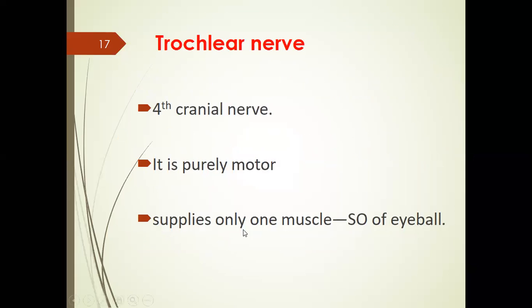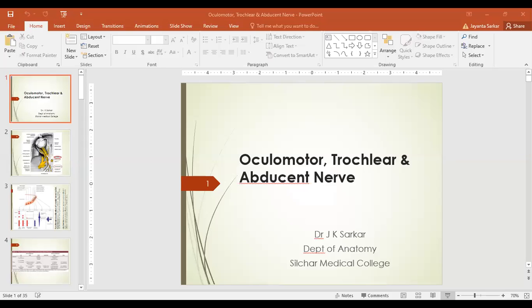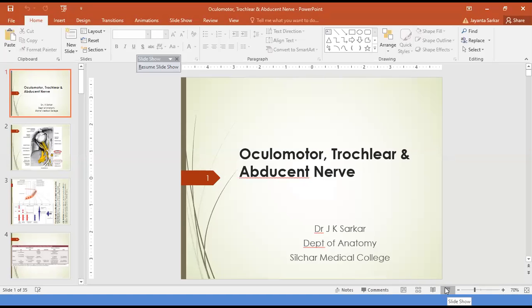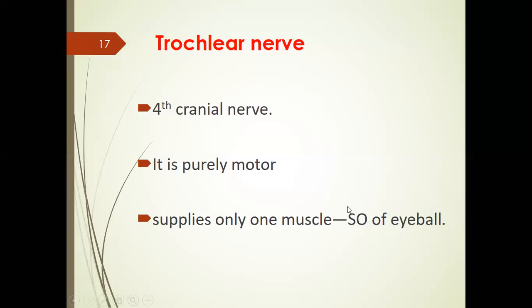Now come to the fourth cranial nerve, that is the trochlear nerve. The fourth cranial nerve or trochlear nerve is a purely motor nerve and it supplies only one muscle, that is the superior oblique muscle of the eyeball.